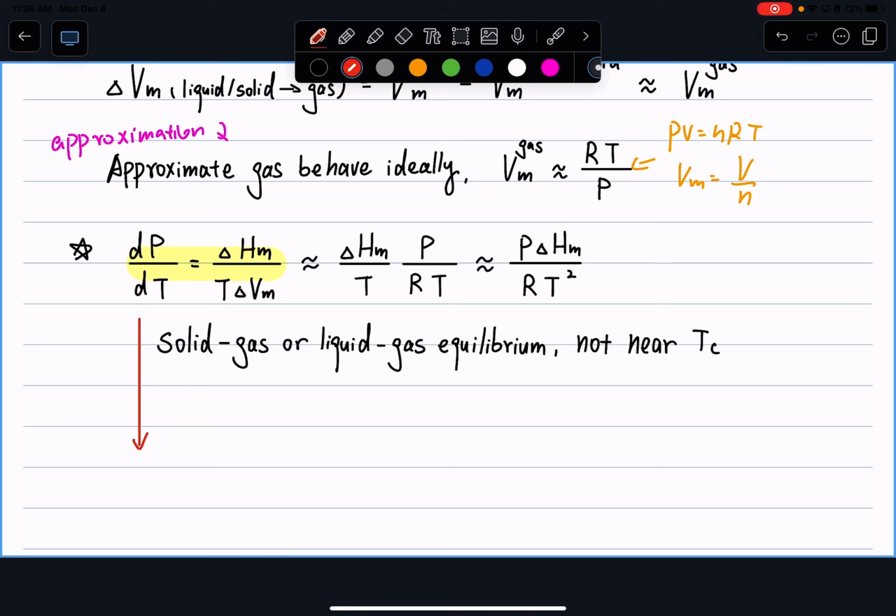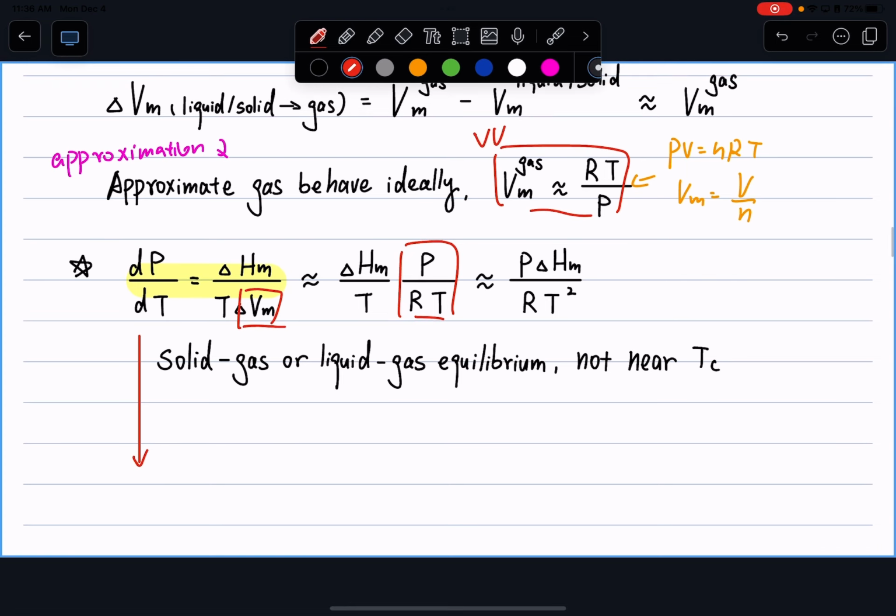This is just writing our delta Vm into this expression. So just using our two approximations to rewrite our dP over dT into this form, where it's P times delta Hm over RT squared.